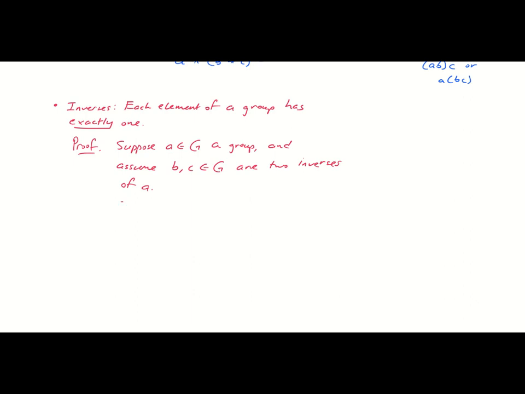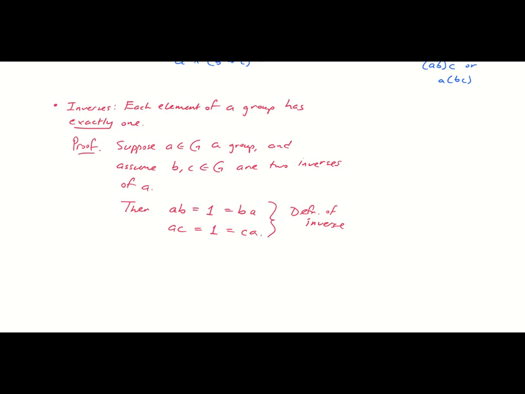Okay, so then what do we know? Then we know that AB is equal to 1 and is also equal to BA. We also know that AC is equal to 1, which is also equal to CA. Both of those things are true because that's just what it means for B and C to be inverses of A. Alright, so we know that those things are true.